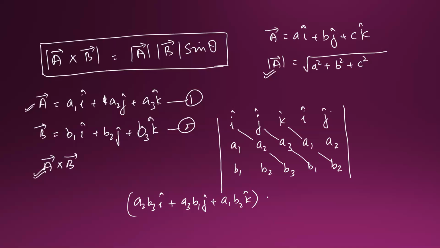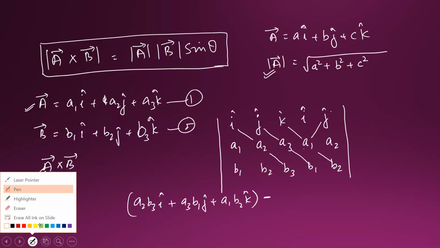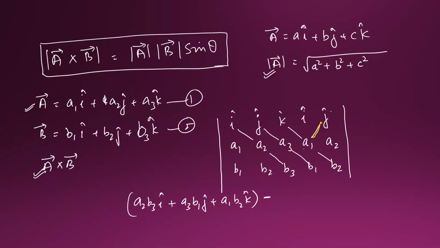After that, minus, place a minus sign over here and then cross it in this manner. So it will be a1 b3 j cap plus a3 b2 i cap plus b1 a2 k cap.